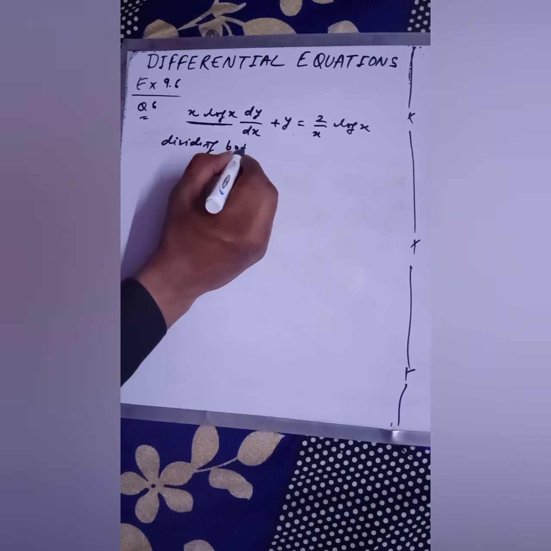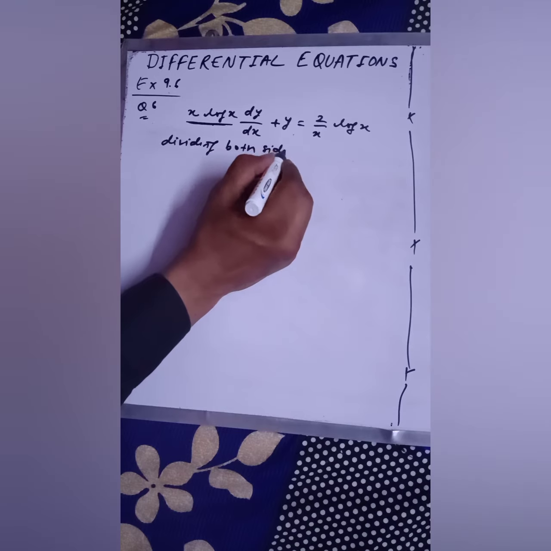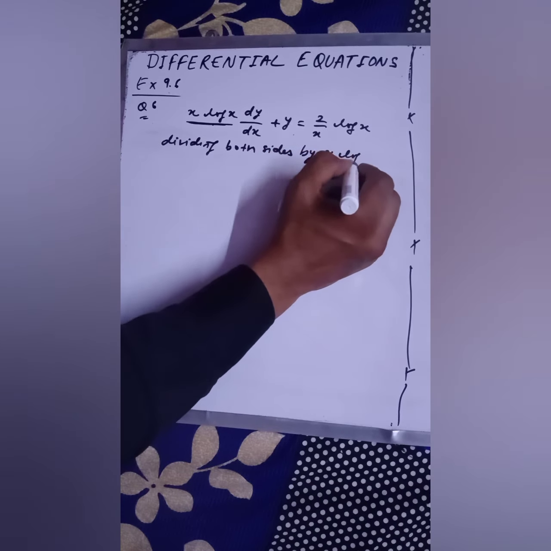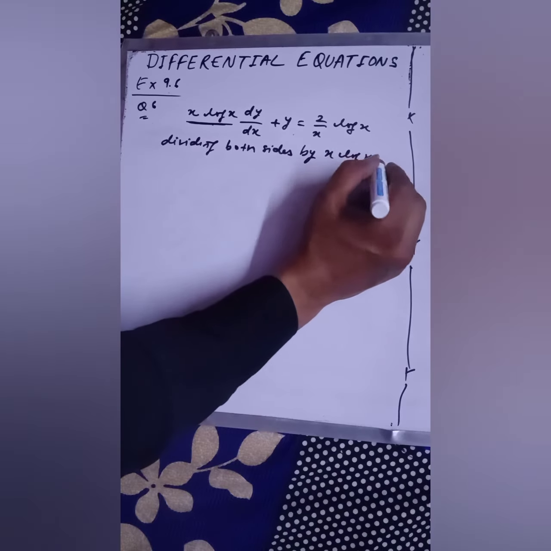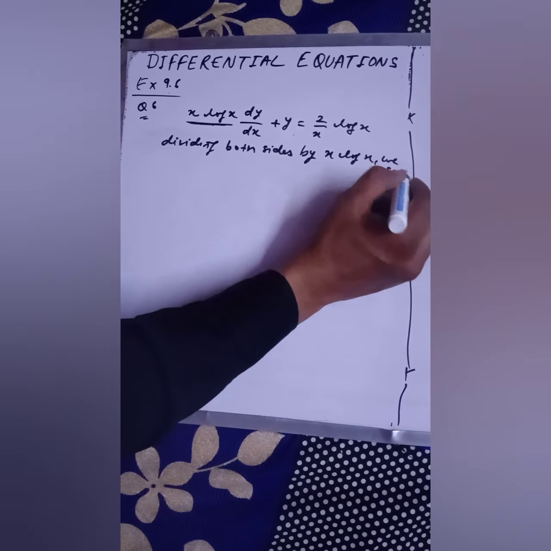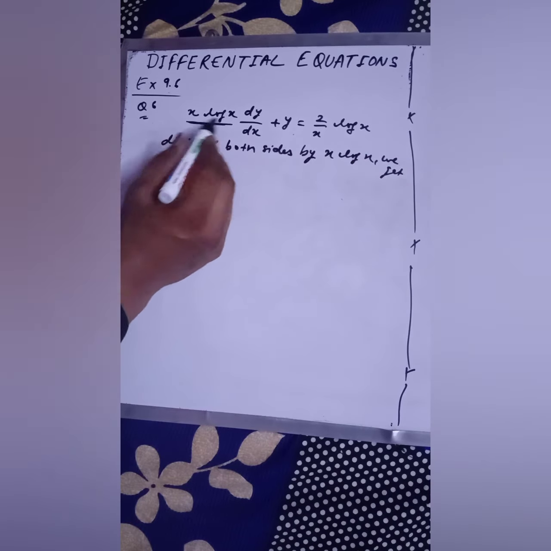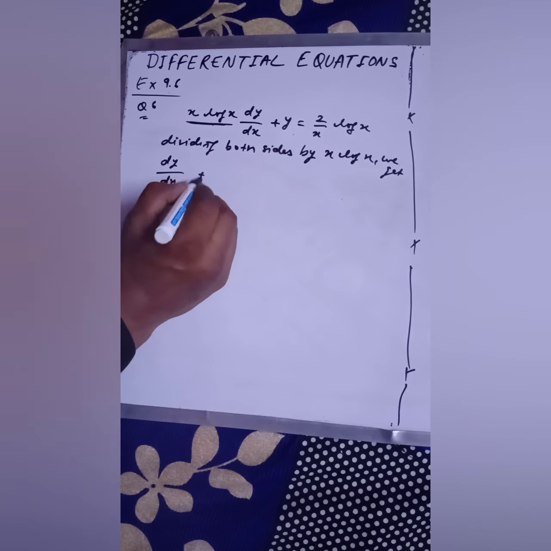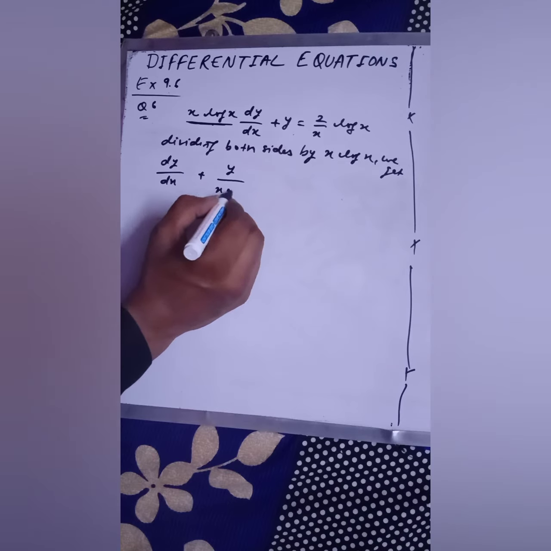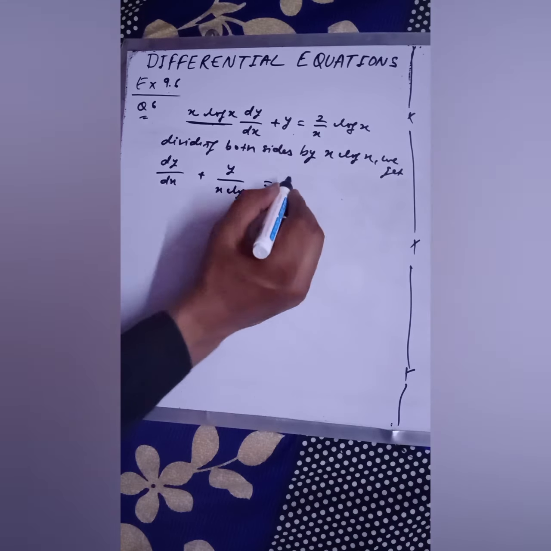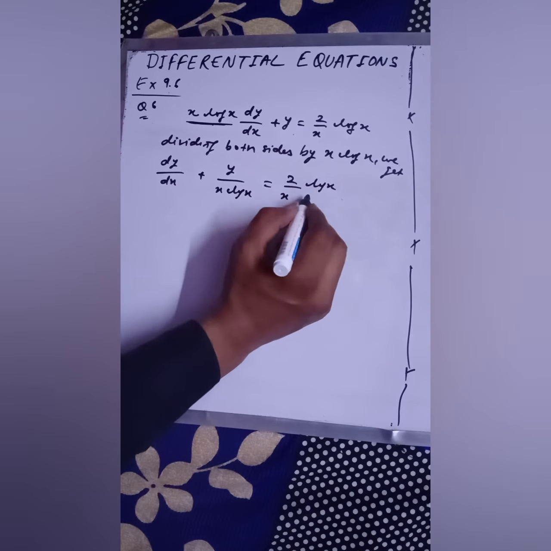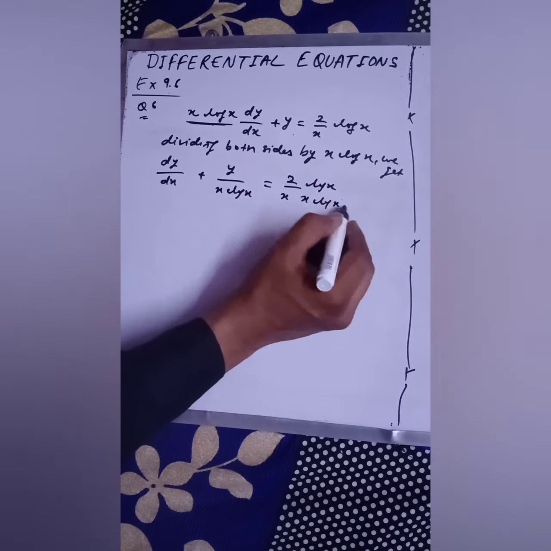Dividing both sides by x log x. Okay, and then we get, so if you will divide, so this and this term will cancel out, or here dy by dx will remain, plus here y by x log x will come, that is equal to 2 by x log x over x log x will come.